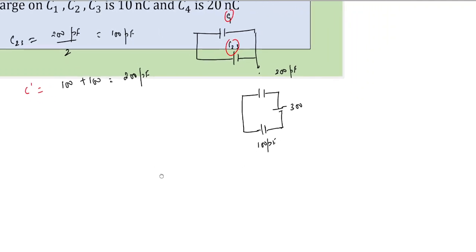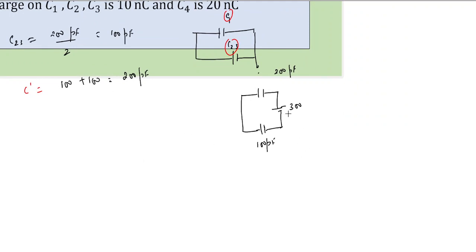These two are in series because whatever charge leaves from the battery, the same charge flows everywhere here. So this equivalent of all the four I call as C. So C is the entire equivalent, that will be equal to these two in series.